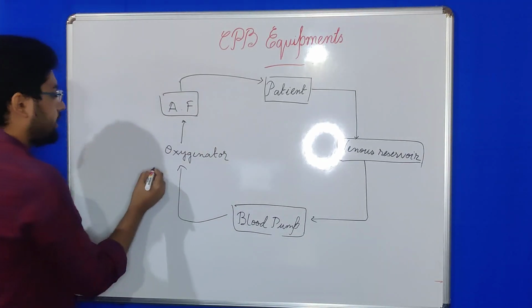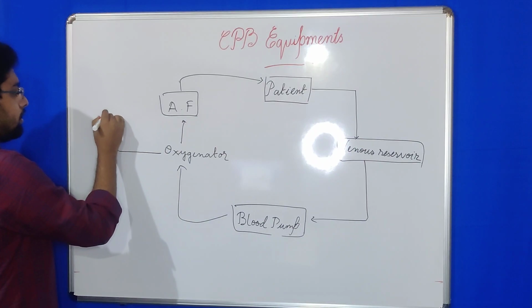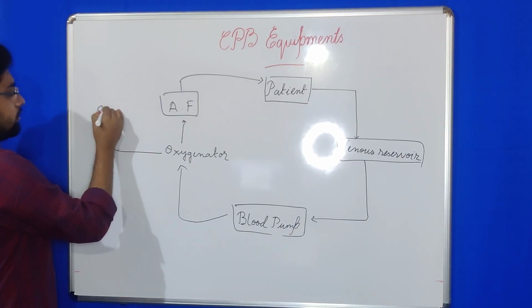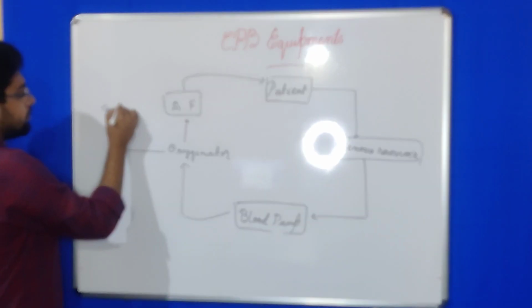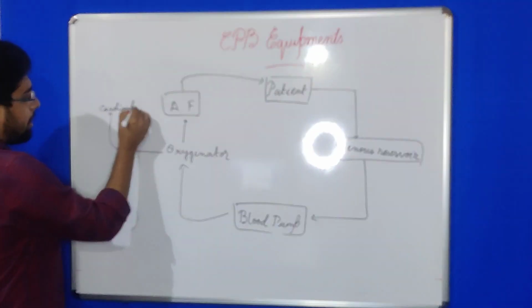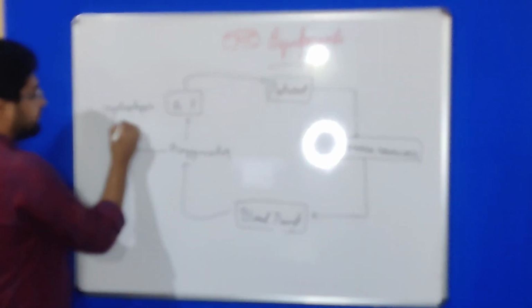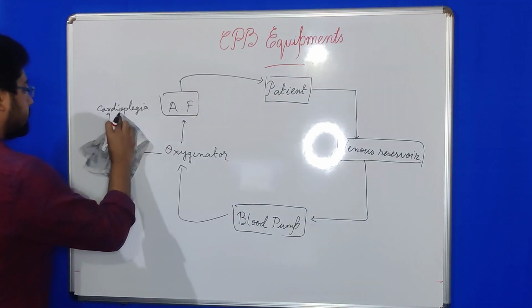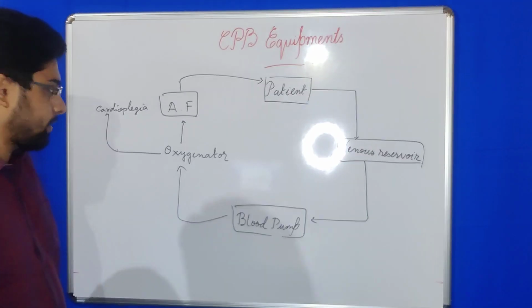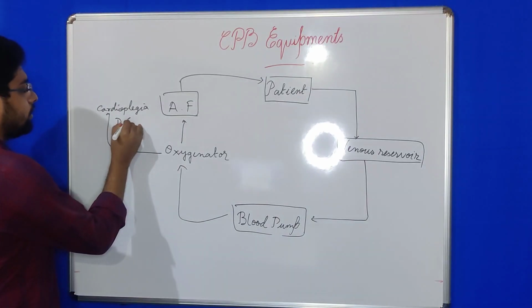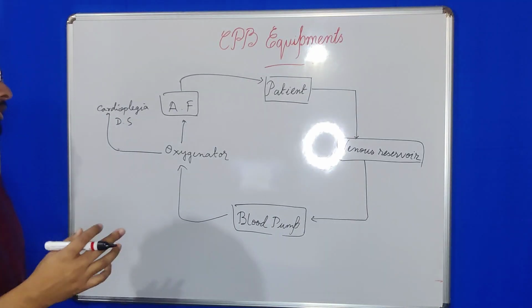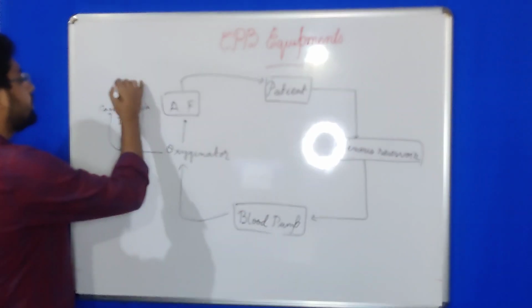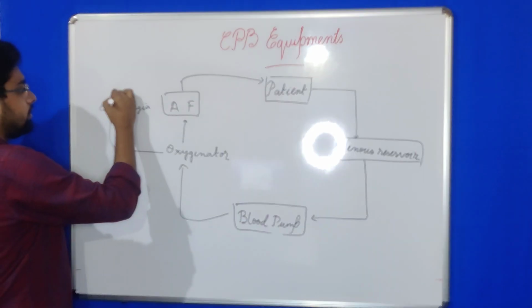Again, another line comes from the oxygenator. This goes to the cardioplegia delivery system. We may use a cardioplegia delivery system or may not; we can manually deliver the cardioplegia as well.